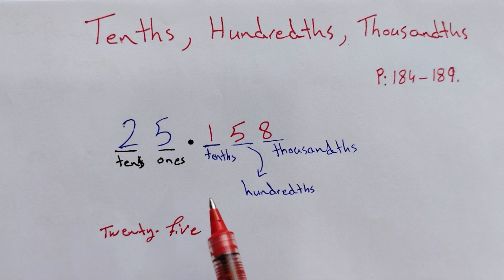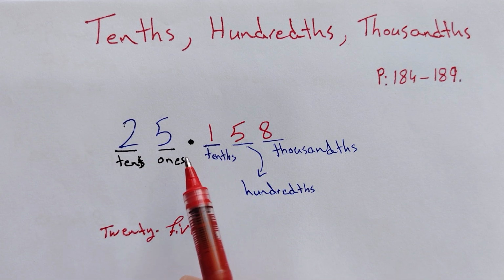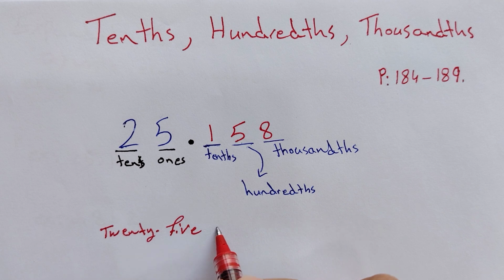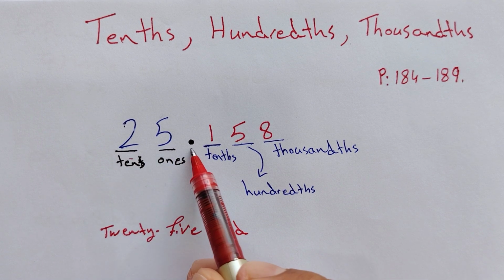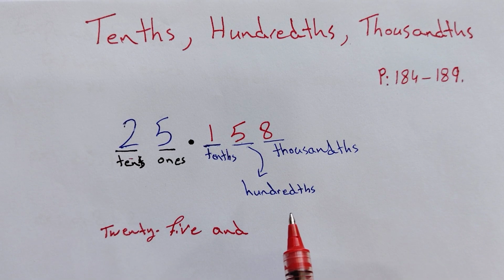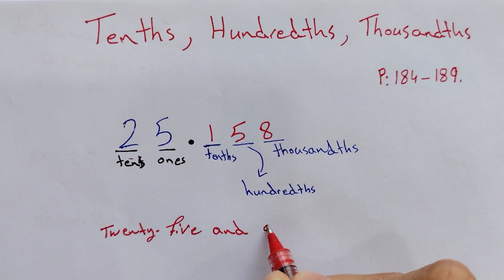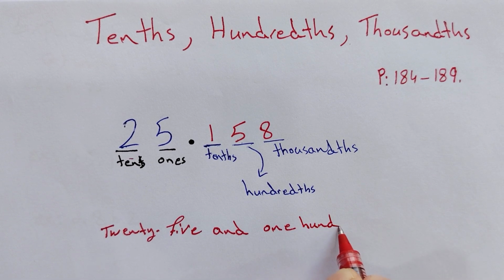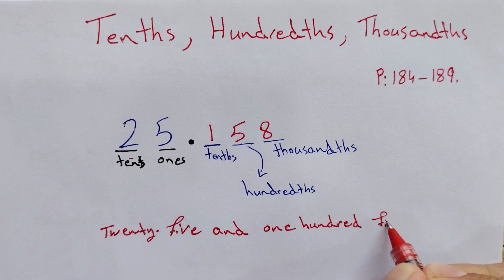Then, in order to differentiate between the whole numbers and the decimals, we read the decimal point as "and". So it will be 25 and then 158. We just read it normally. What number do I have? 158. I'm gonna write it first.